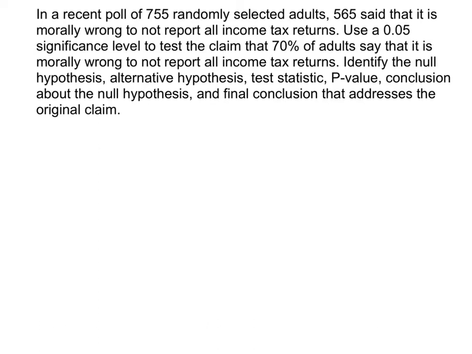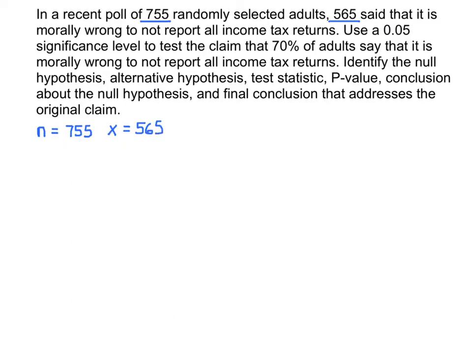So let's start by looking at the given. The first given is that we've randomly selected 755 adults, so n is 755. And of the 755 adults, 565 said that it is morally wrong. So our x value, the count of people that say it's morally wrong, is 565.